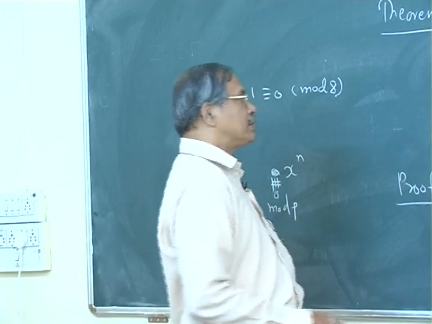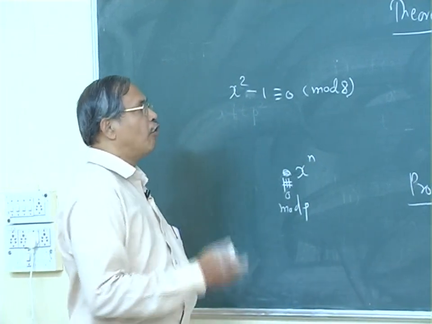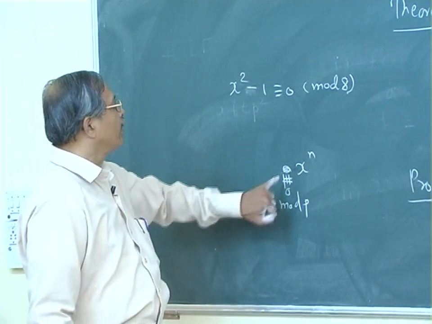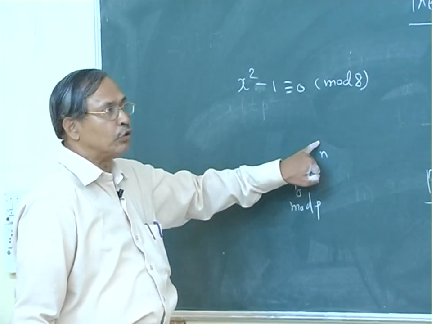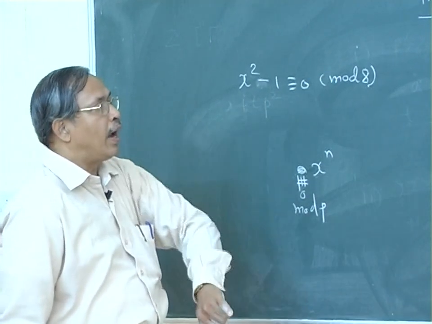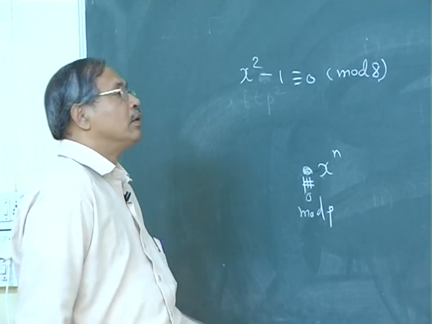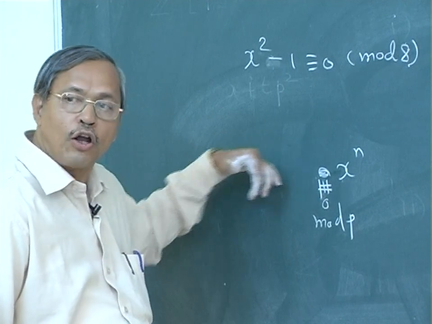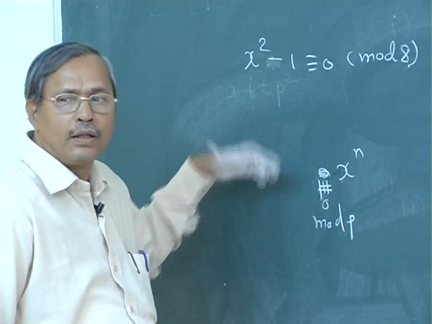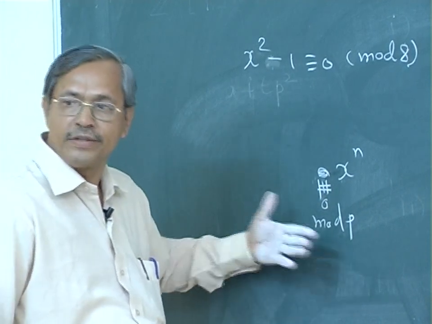So in such a case, we can even think of the polynomial to be starting from x raised to n, because this congruence and the congruence after removing some higher degree terms, because their coefficients are all divisible by p, the number of solutions will not change, it will be the same.